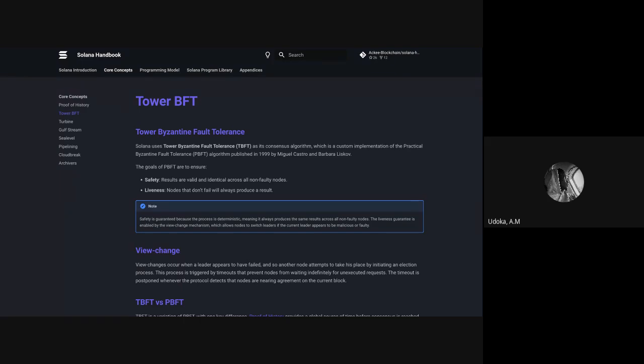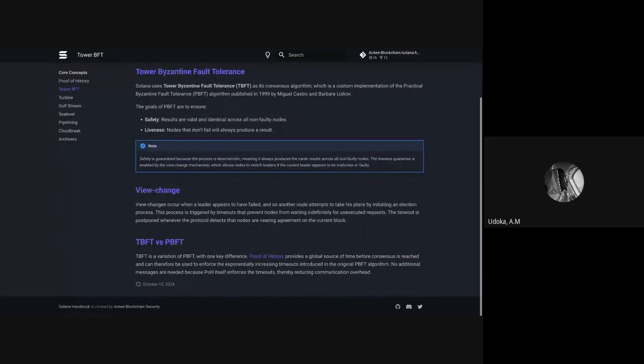Like I said, it uses the proof of history clock to allow validators to reach consensus quickly and efficiently because they already agree on the order of events. So it's a sequential order that allows validators to follow through when executing transactions on chain, utilizing the clocking system.